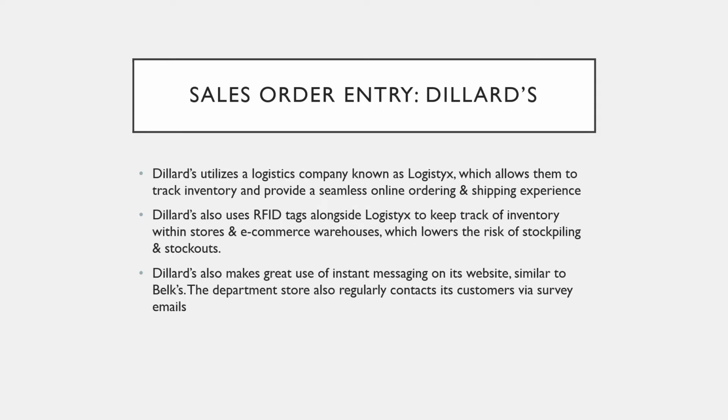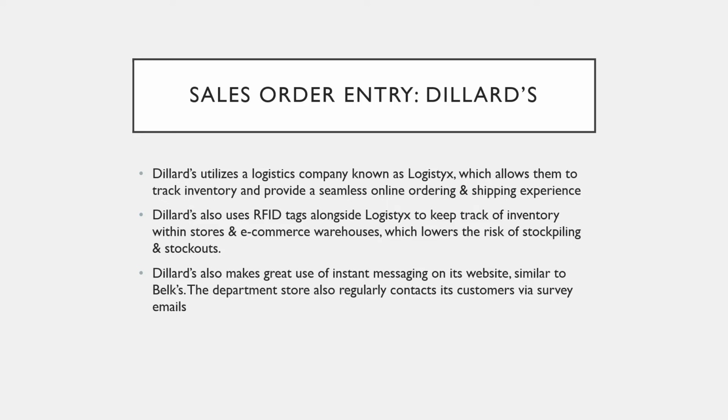Likewise for Dillard's, its sales order entry process has also evolved, and they now utilize a logistics company known as Logistics. Basically, Logistics is a logistics company that allows dealers to not only track inventory but also allows for a seamless online ordering and shipping experience.